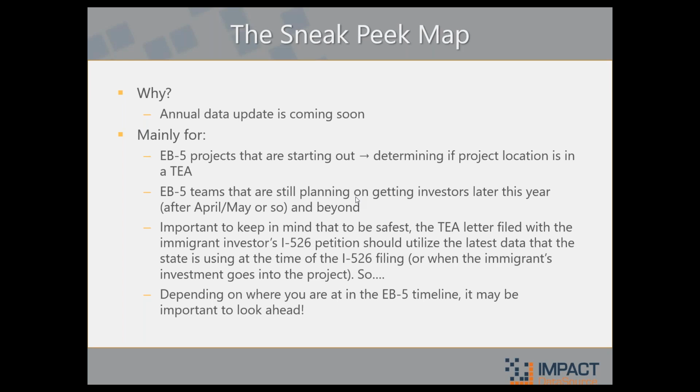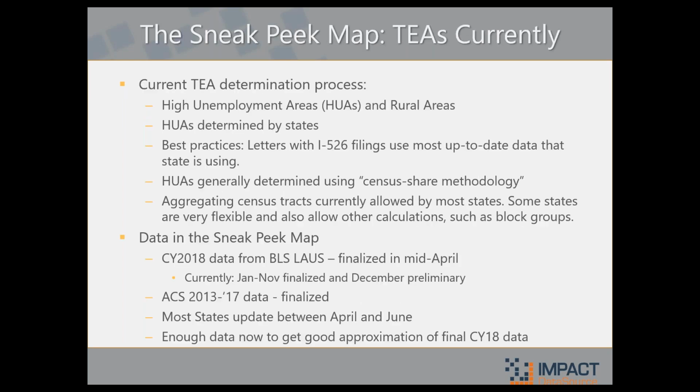Because EB-5 fundraising takes a long time, it's important to look ahead to see how the TEA calculations might shake out. And we have enough data now to do that. The data is not quite finalized, but we have enough out there that we can get pretty close to how things are going to look in a few months and help you look ahead.